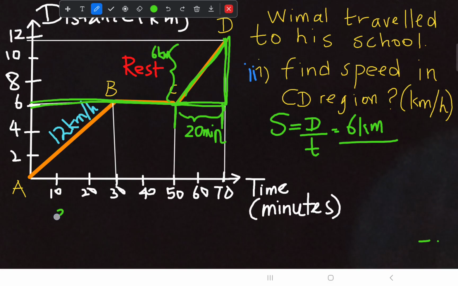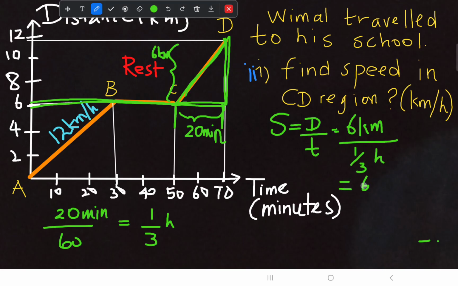So 20 should be divided by 60. 20 minutes divided by 60 gives the time in hours: 1 upon 3 hours. I'll use this. Then 6 kilometers divided by 1 upon 3 hours.